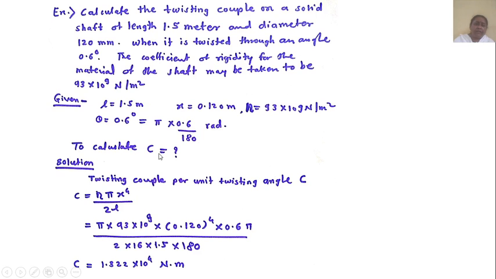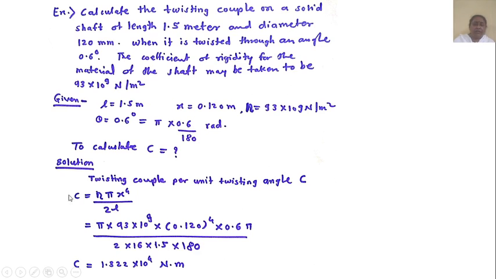To calculate here C, the twisting couple per unit twisting angle, C equals eta pi into r raised to 4 upon 2l.